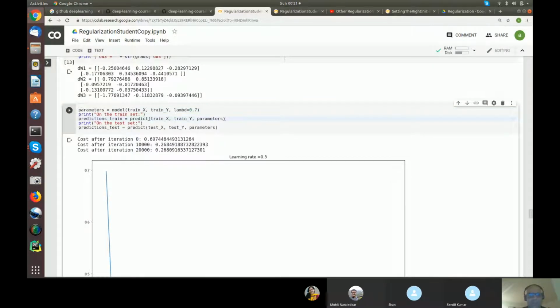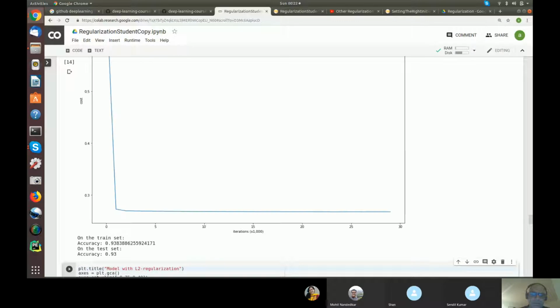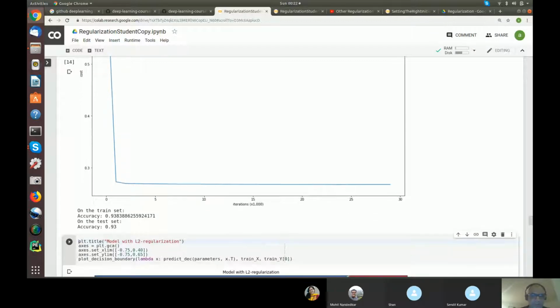So now let's run again. This is running 3000 iterations. So 3000 times it sees the entire data set. So 3000 forward passes and 3000 backward passes.